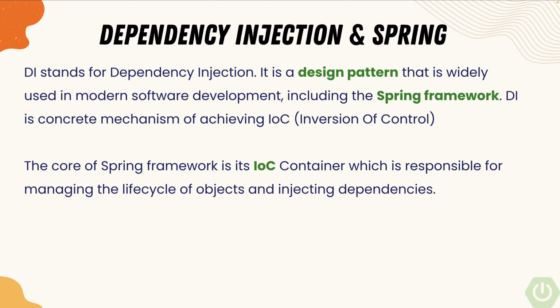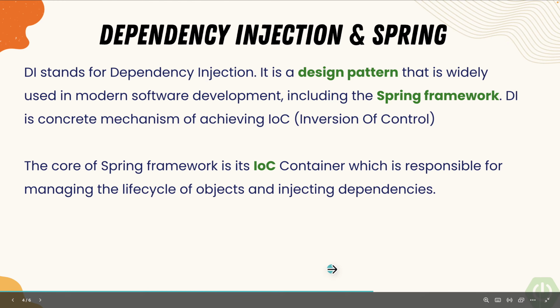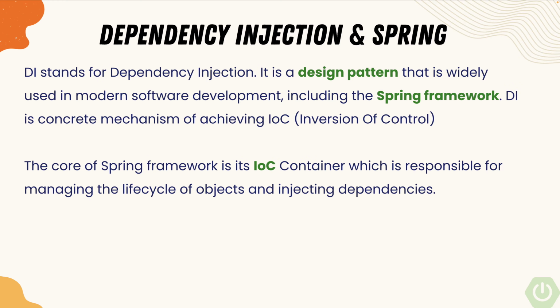And the core of the Spring Framework is its IOC container, which is responsible for managing the lifecycle of objects and injecting the dependencies. That is the entire core of the Spring Framework. And that is the important thing that we are going to be using in this entire course. And you will understand once we get into the course in a more detailed fashion.